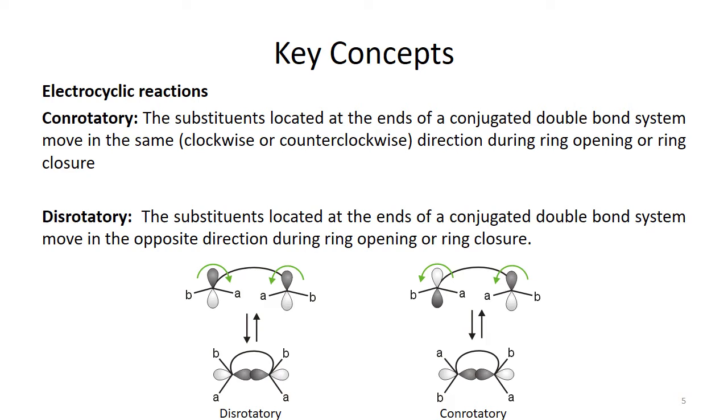So you have to be precise about the mathematical signs of these lobes of p orbitals that combine together to form the product. And basically, how many electrons are in the pi system and whether the reaction is induced by heat or light, these two things decide whether conrotation or disrotation will occur.